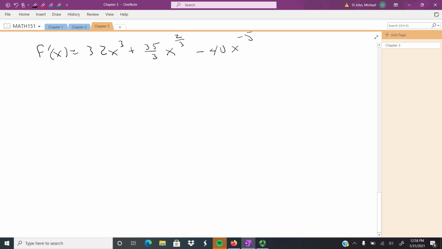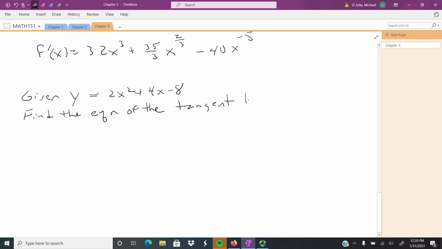So given a question like this, given y equals 2x squared plus 4x minus 8, I want to find the equation of the tangent line at the point (2, 8).